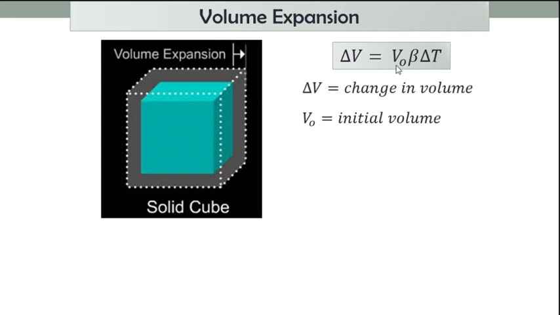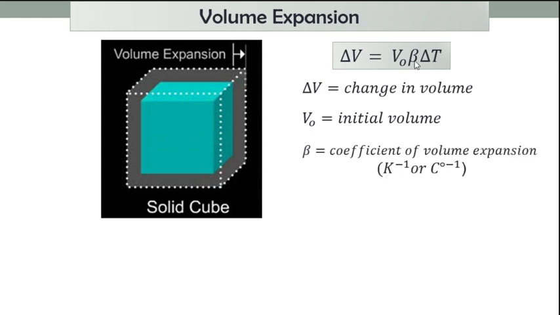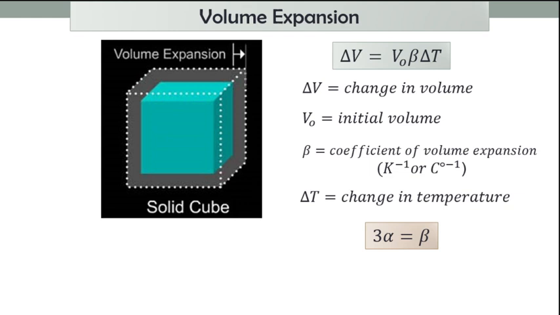If there will be a change in the length of an object due to the change in temperature, we can also say that the volume will also change, and that is volume expansion. So the change in volume in an object is equal to the initial volume, which is V sub O, times the coefficient of volume expansion, or beta, times change in temperature, or delta T. And our coefficient of linear expansion is also related to the coefficient of volume expansion, or in other words, 3 times alpha is equal to beta.